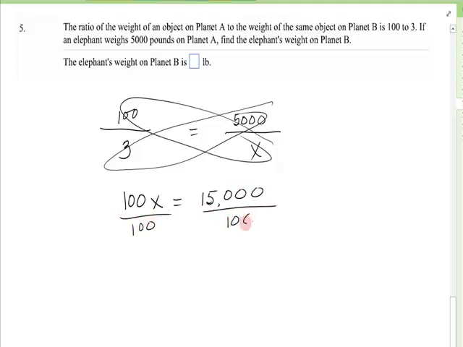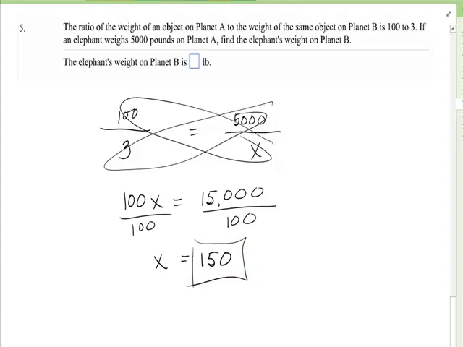Divide by 100. x is equal to 150. So on planet A, the elephant weighs 5,000 pounds. On planet B, the elephant only weighs 150 pounds. Evidently, there is a difference in the gravitational force on those two planets.